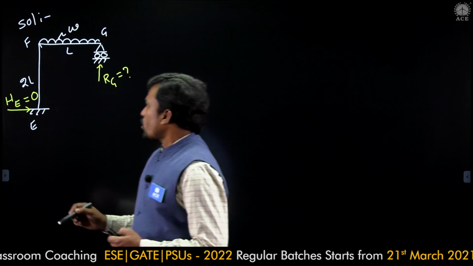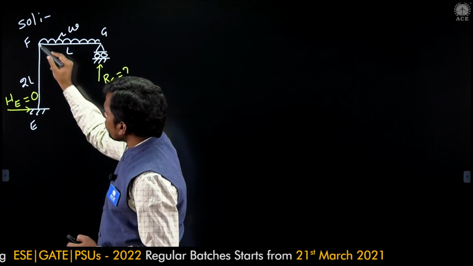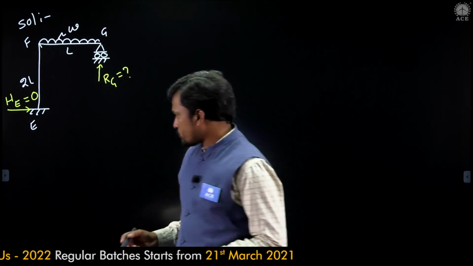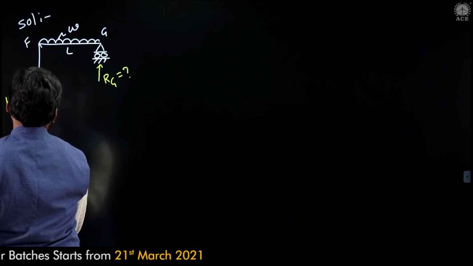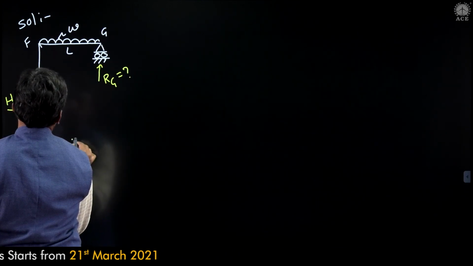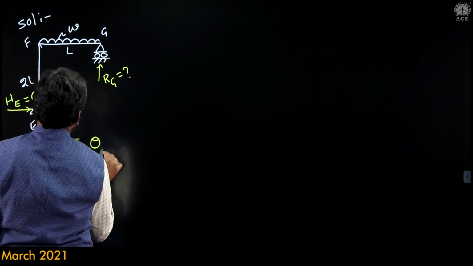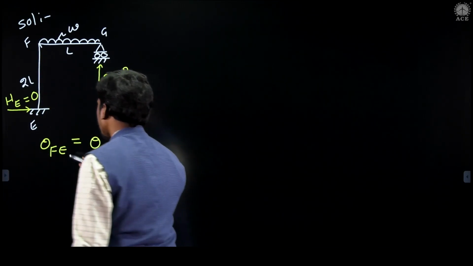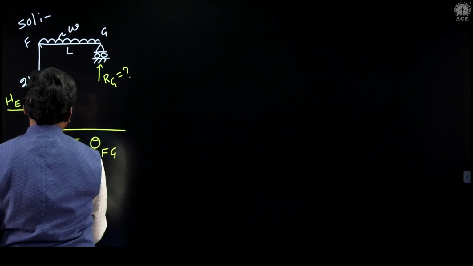It means the rotation in member FE and the rotation in member FG are the same, because this is a rigid joint.